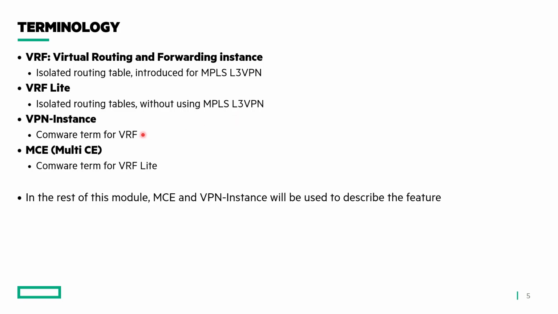In Comware, we use the term VPN instance for the VRF, and MCE, multi-VPN instance customer edge, is the Comware term for the VRF Lite. So if we use MCE or VPN instance, those are the Comware terms.